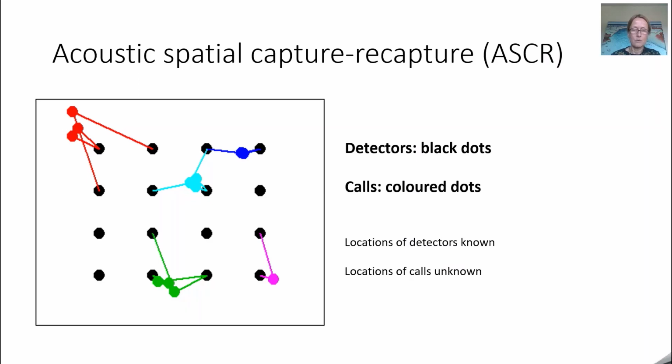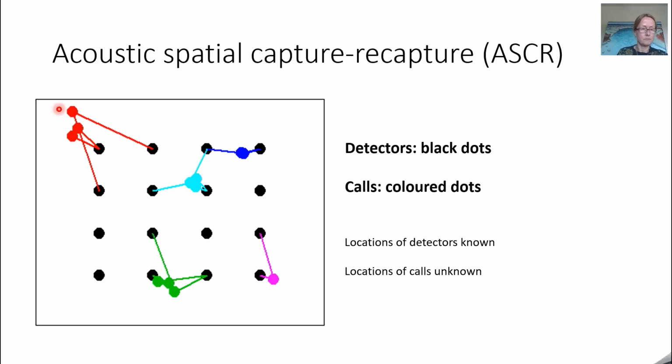So for now, we only know that we detected a number of calls at the various detectors. And what we do need to know is whether the same call was detected by multiple detectors. For example, this call up here in the top red was detected by D2 and D5.